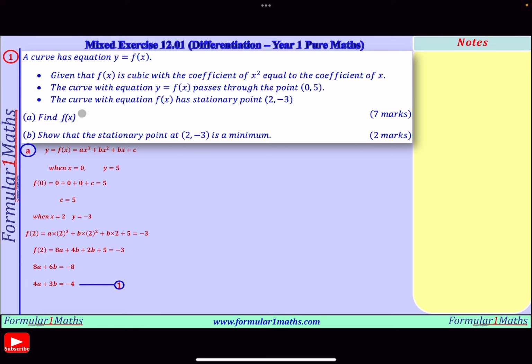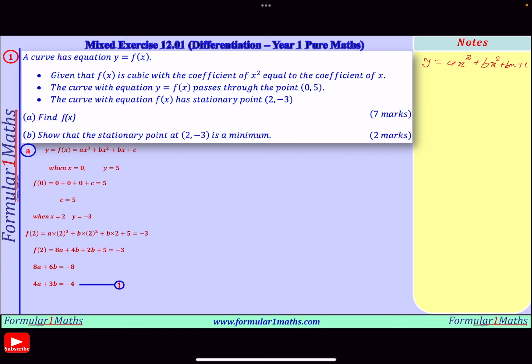The third condition also states that the curve has a stationary point at (2, -3). That means I need to differentiate this equation with respect to x. y is equal to ax cubed plus bx squared plus bx plus c.